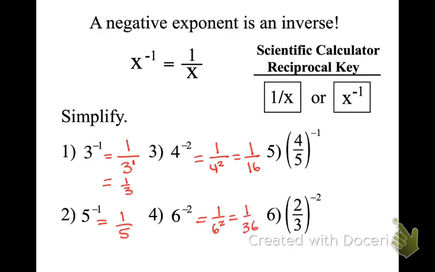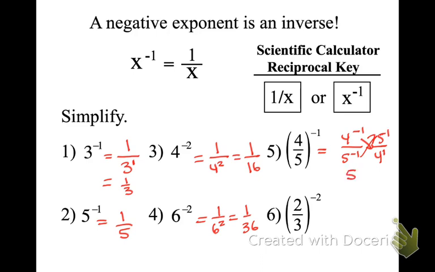1 over 36. Okay. When I have a negative exponent for a fraction, we basically take the reciprocal. We flip it. It becomes 4 to the negative 1 and 5 to the negative 1. Well, the 4 comes down here to the positive, and the 5 goes up here to the positive.